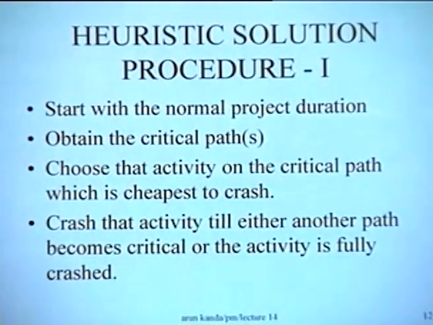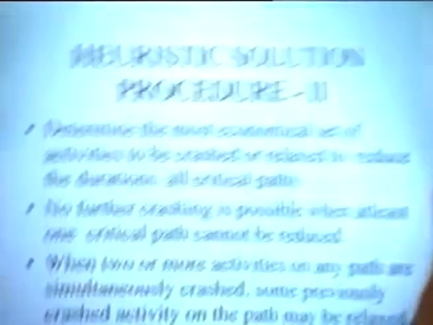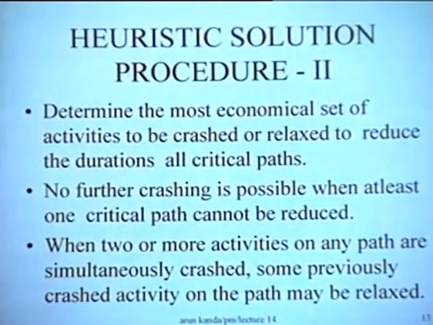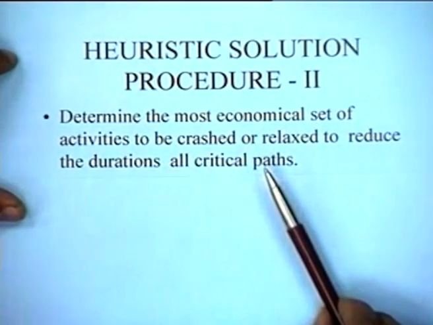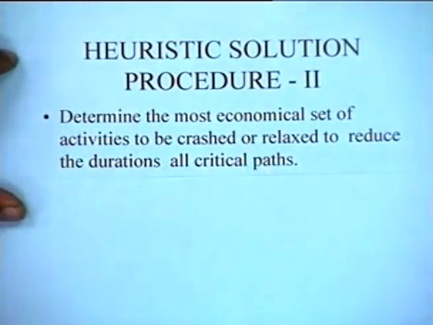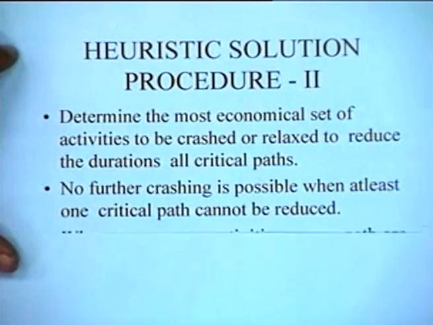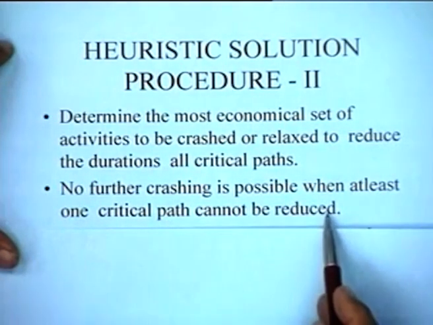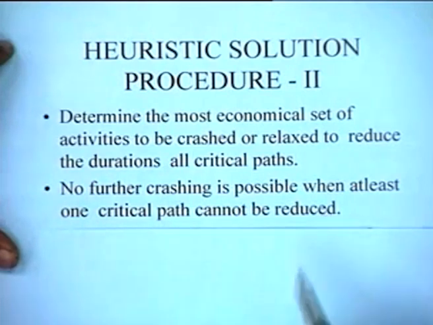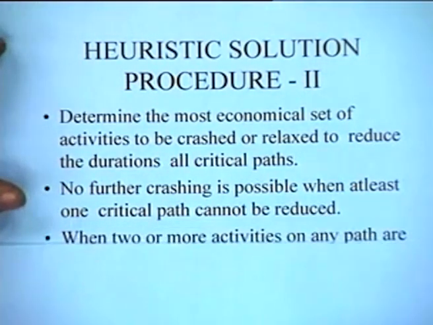This kind of behavior, and then we would determine the most economical set of activities to be crashed or relaxed to reduce the durations of all the critical paths, and then no further crashing is possible when at least one critical path cannot be reduced. So that would be our termination criterion.